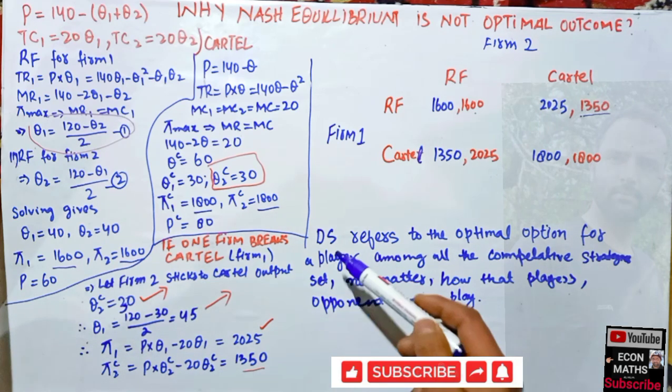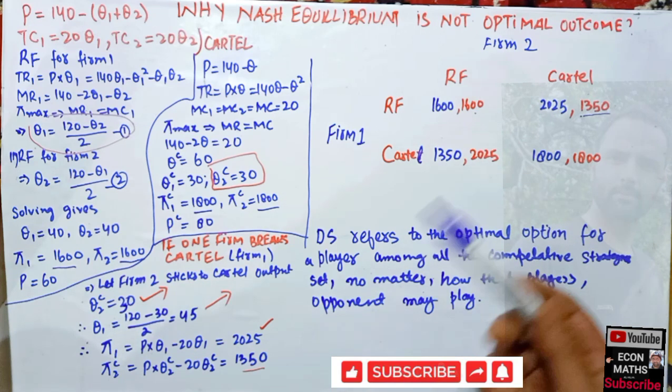We say this 1600 is also the dominant strategy.